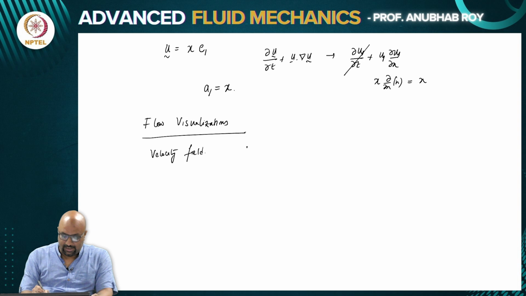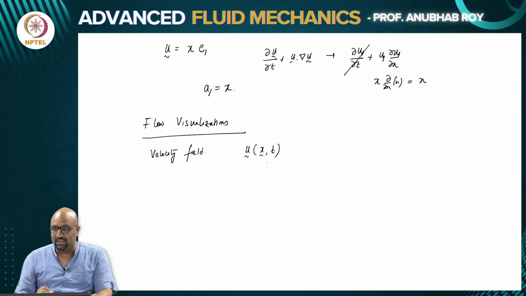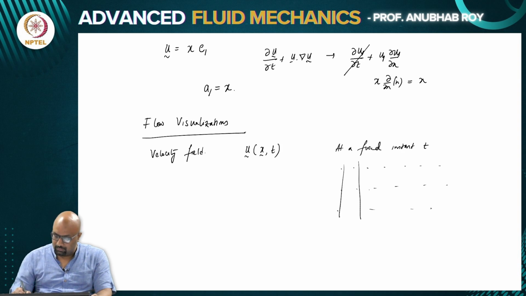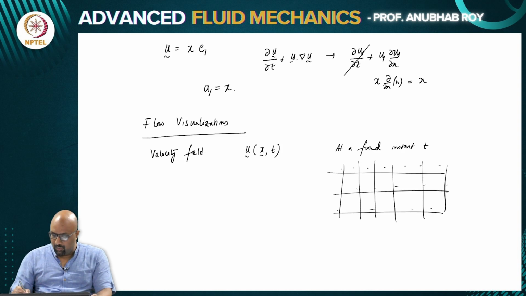I have the velocity given at all points in space at all instants in time, which means at a fixed instant in time, if I draw my grid, I know the value of velocity at all the grid points that I have. So, at all these points I know what the velocity is.